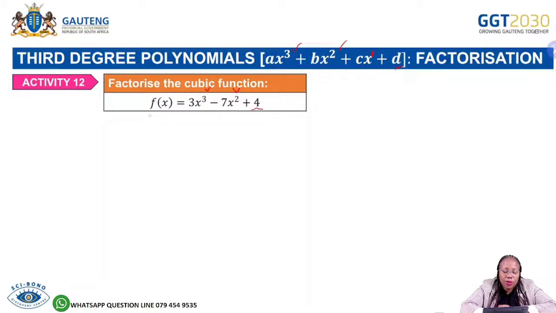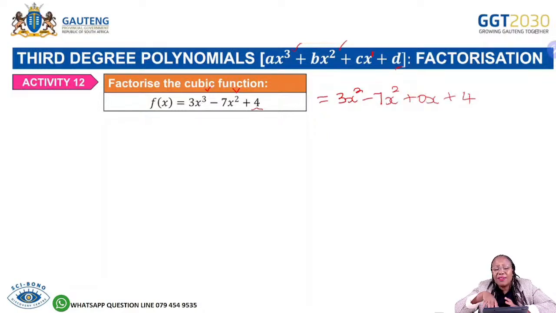So we are going to add it: this will be the same as 3x cubed minus 7x squared plus 0x plus 4, because it's not part of it. We have just added a 0 there. That is the first thing you do. Whether you do synthetic or long division, this is the method you follow. You start by writing this third degree polynomial with all its exponents there.